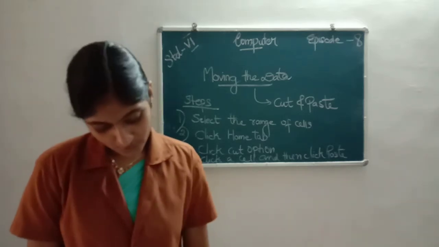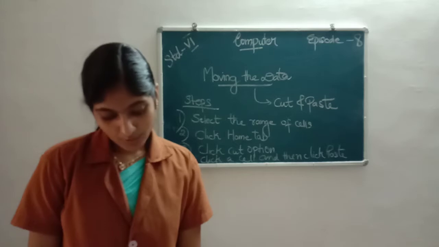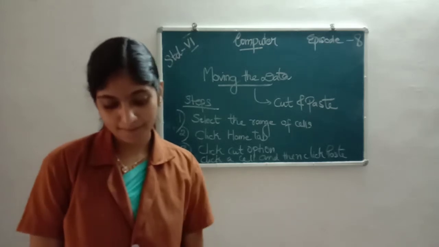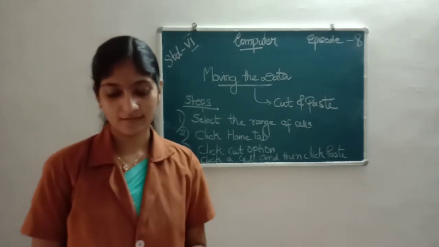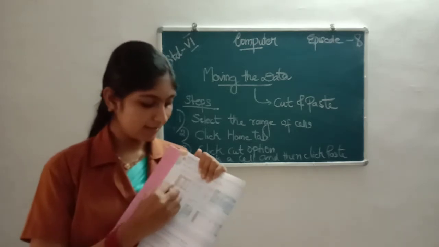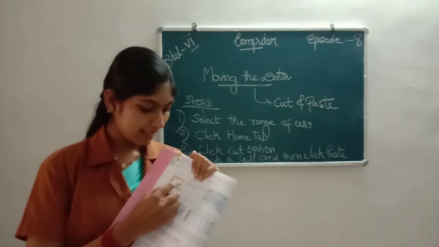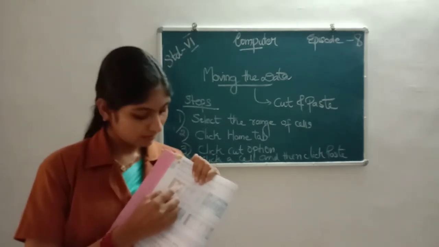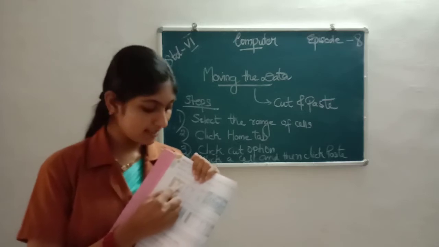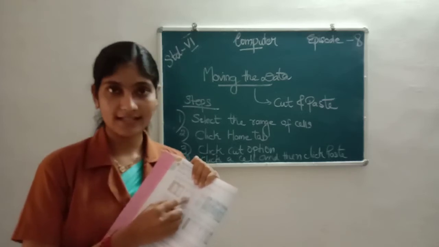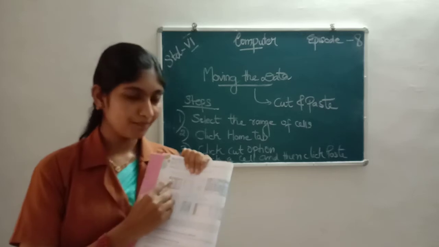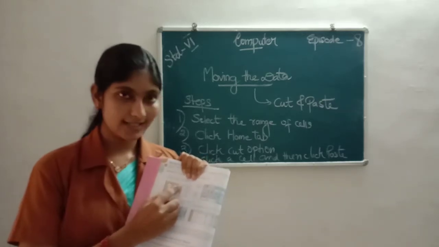So look at the picture or table in your textbook. Here there is a table and it contains a list of students and their age and their class.